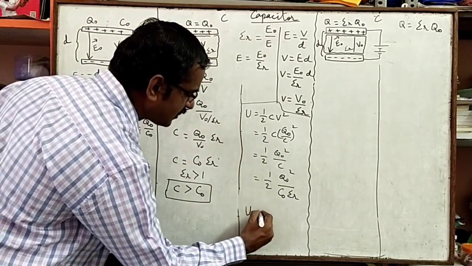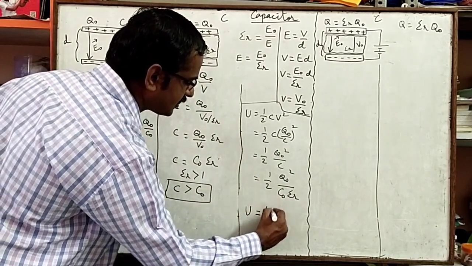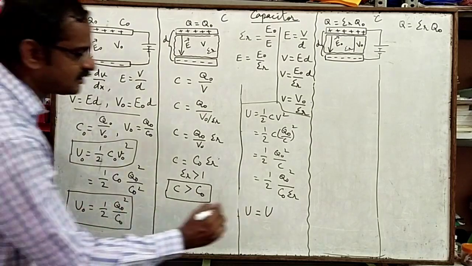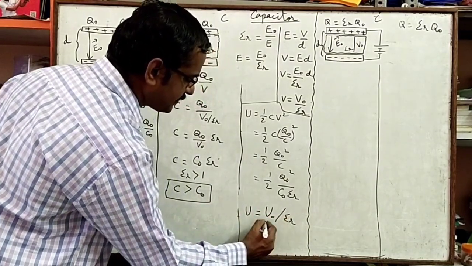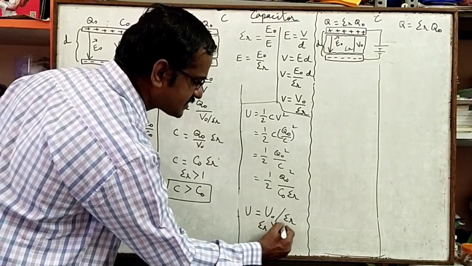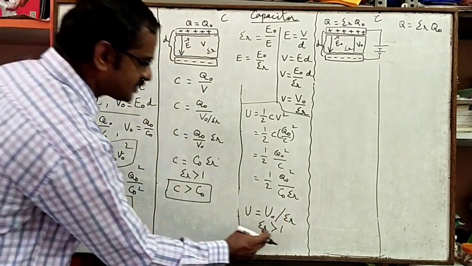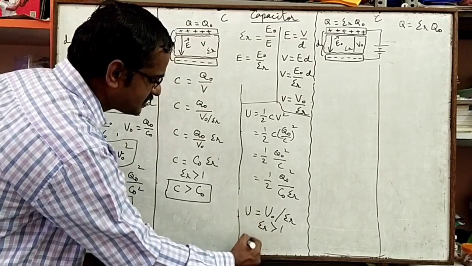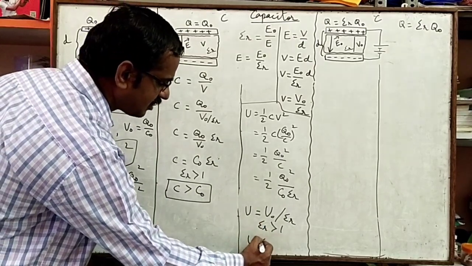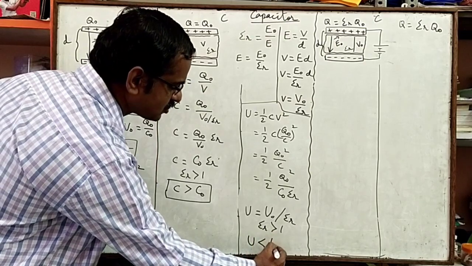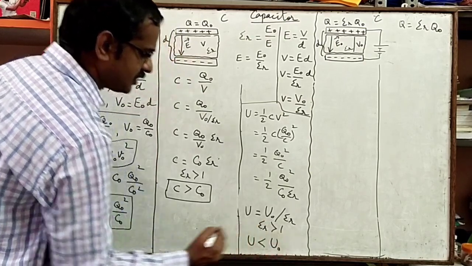U is equal to energy stored in the capacitor without dielectric, U naught divided by epsilon R. Epsilon R value is always greater than 1. So we understand that energy stored in the capacitor with dielectric will always be less than energy stored in the capacitor without dielectric.